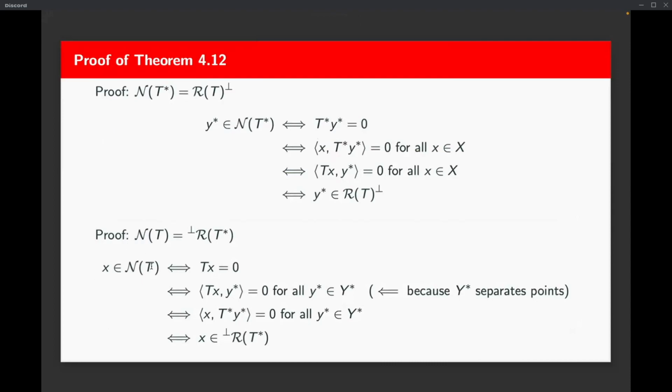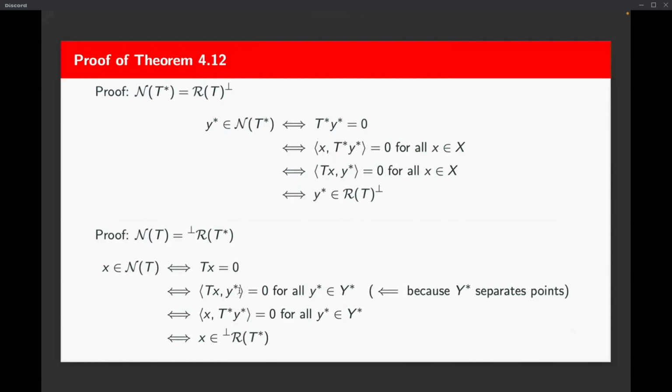If we have an x that's in the null space of T, that means Tx equals 0. And that means that if I take any Y star and evaluate it at Tx, of course I get 0. And this is an if and only if, because Y star separates points.